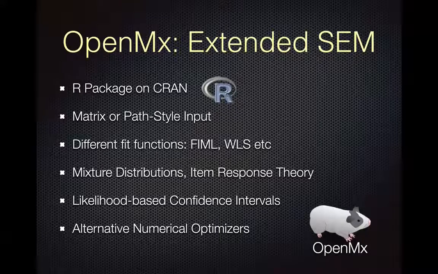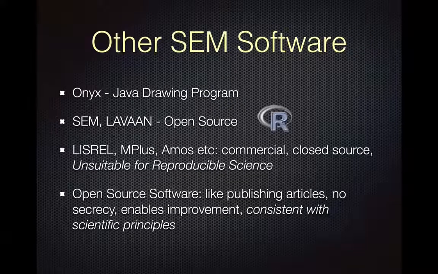And I don't know about you, but any reasonable sized data set that I've come across always has missing data. If somebody tells you they don't have missing data, just step away, step away. What can we do with OpenMX in this case? As I mentioned, Onyx is a Java path diagram drawing program.